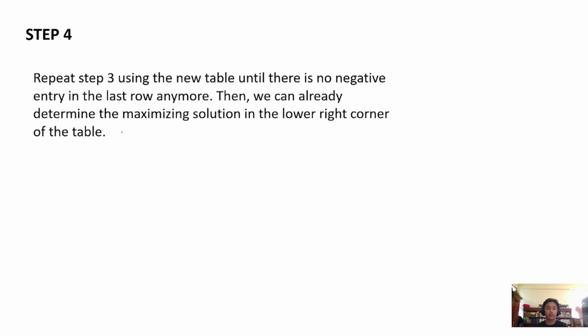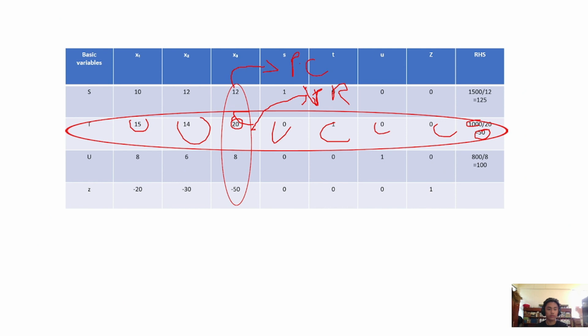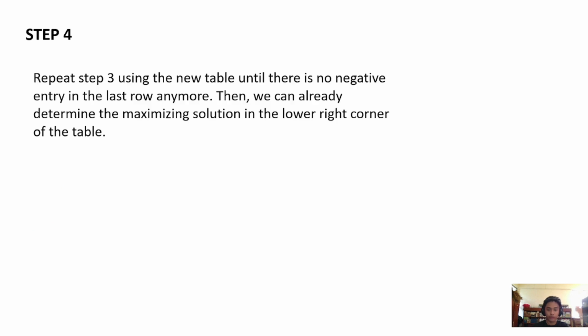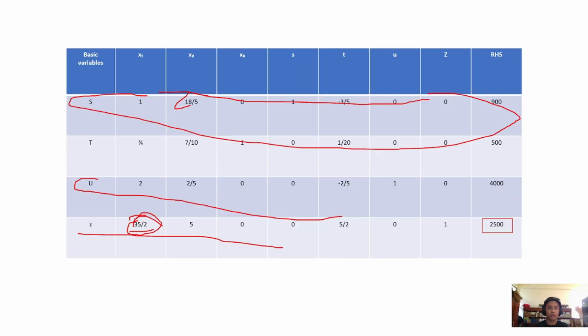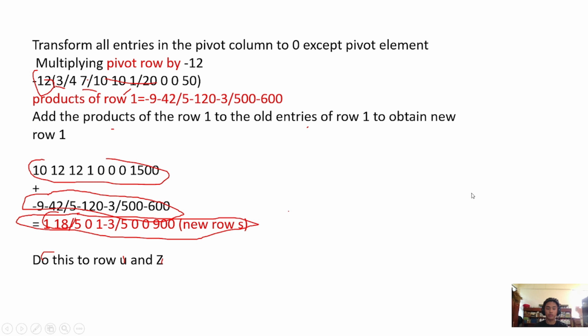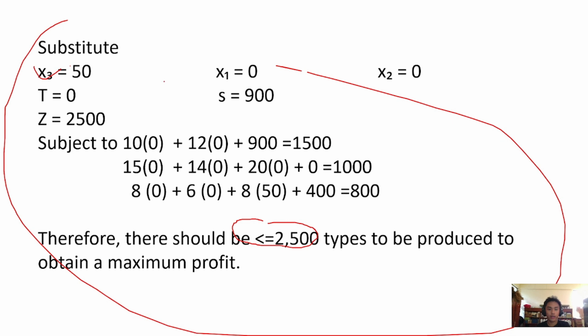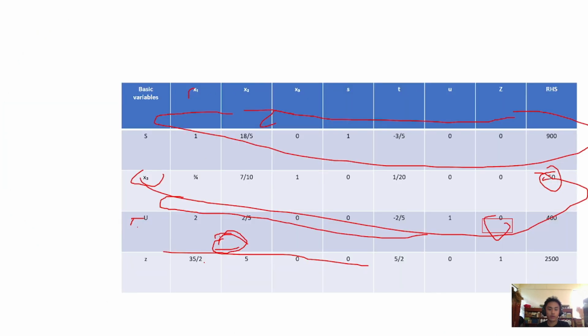X3 is equal to 50 and X sub 1 is equal to 0.